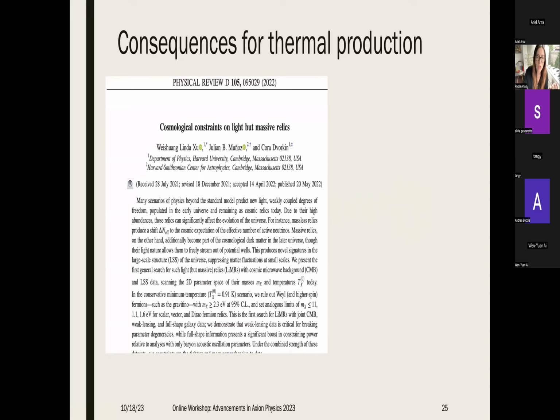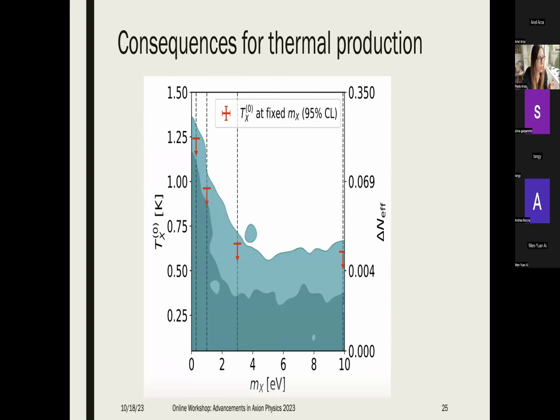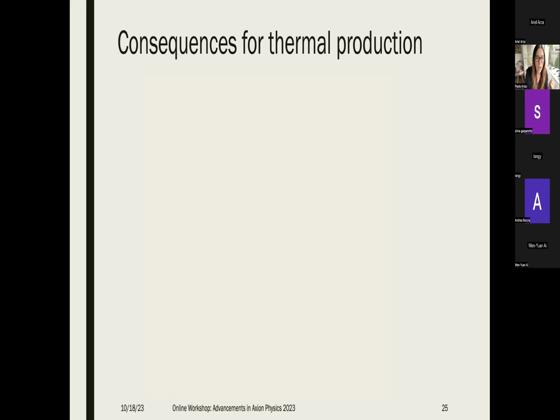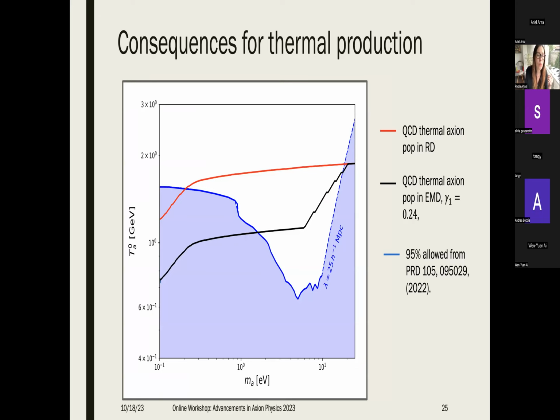They used Planck, baryon acoustic oscillations. They used large-scale structure data and so on. And this is what we found was the most up-to-date data that we could use to constrain this model.